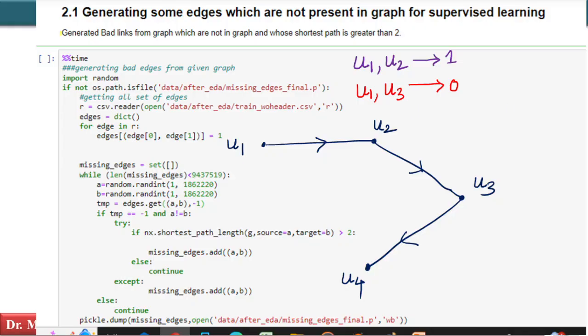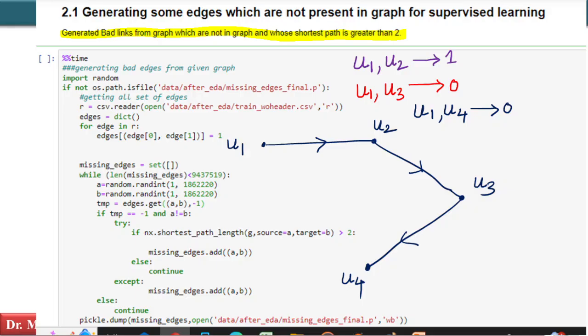Similarly, u1, u4 with class label 0, because there is no edge between u1 and u4 in the original graph. What we will do here is introduce those pairs of vertices where the shortest path length is greater than 2.